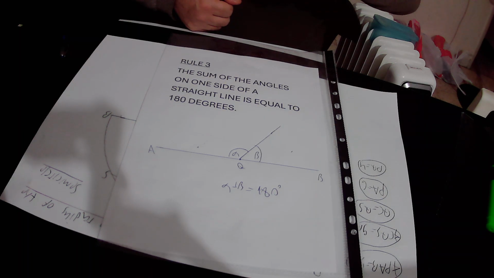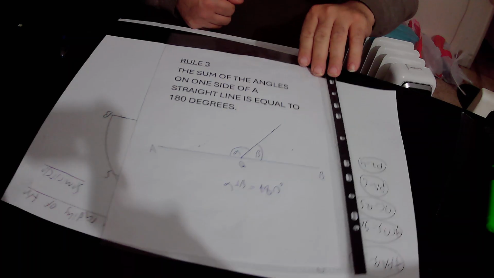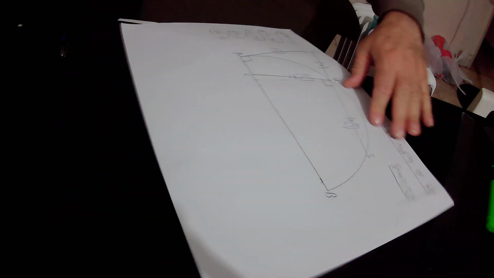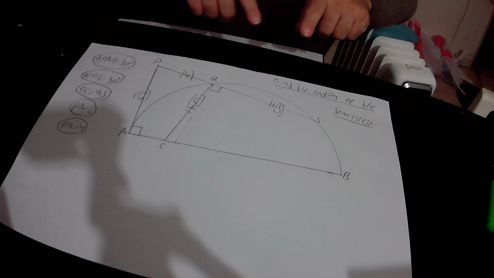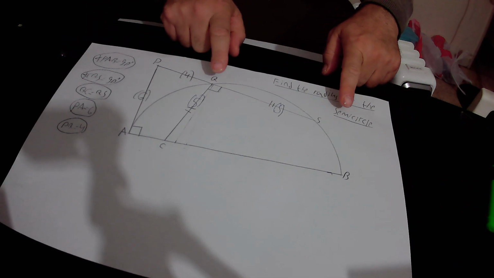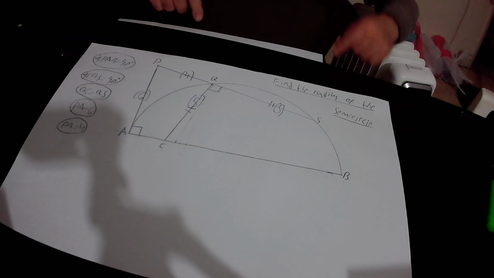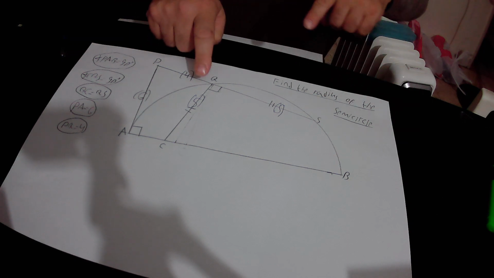So we can actually implement rule number 3 in our drawing. Well, because in our drawing, if you focus on the lower side of PS at point Q, the sum of the angles must be equal to 180 degrees according to rule number 3. So which angles do we have at the lower side of PS at point Q?